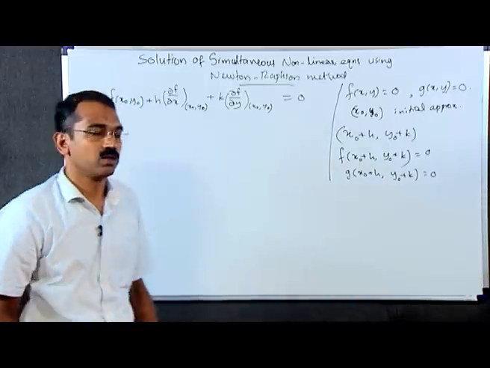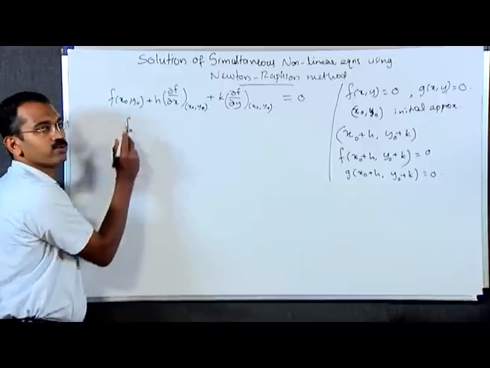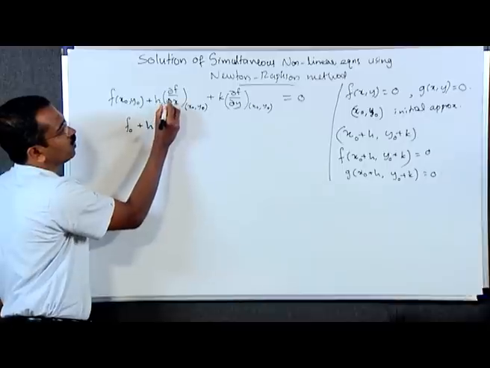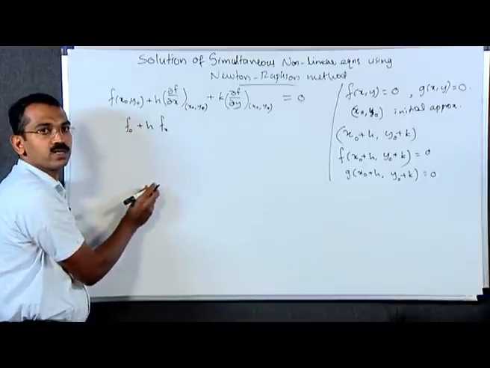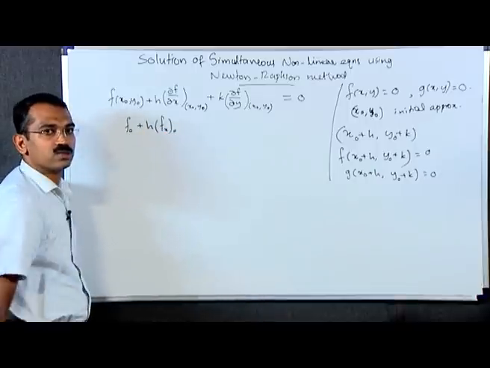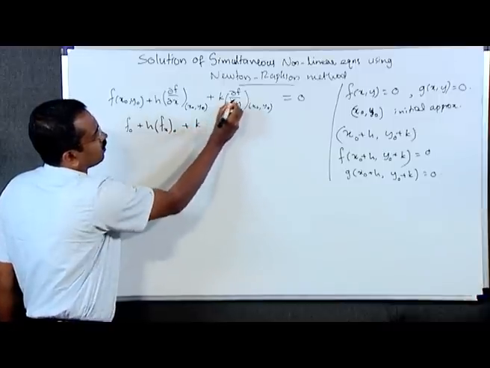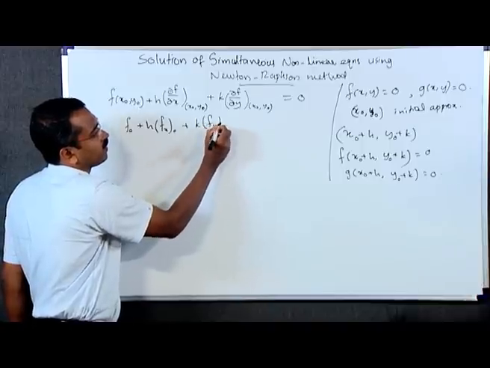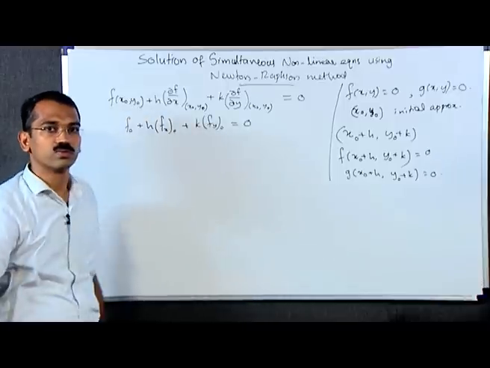That is f0, we use the notation f0 for f(x0, y0), plus h into fx, we use the notation fx for ∂f/∂x at (x0, y0), that is fx0, plus k into fy0, that is equal to 0.